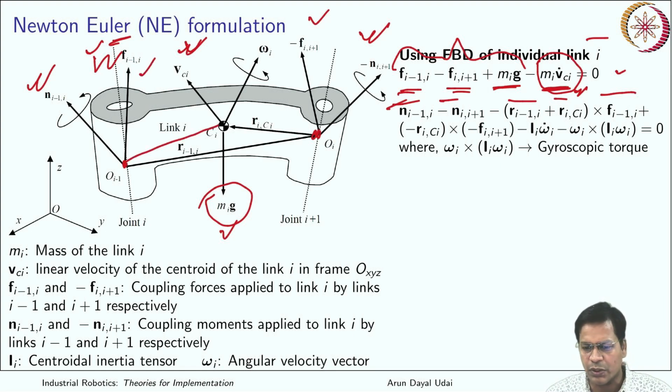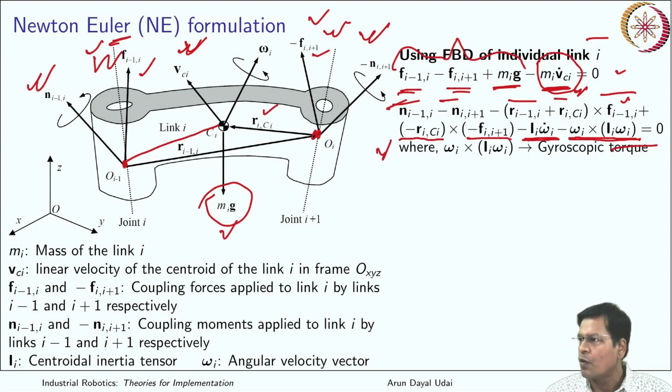So this vector and this force, that is the moment taken about Ci, and you also see a moment due to this part of it, and that is given by minus Rci, that is this vector, and this force that is here, and you have angular acceleration which is here, and the moment of inertia is here. This is the inertial moment that will come, so it is given by I omega dot, and you also have the gyroscopic moment which is coming here. Okay, so that goes here. That is given by omega_i cross I omega_i.